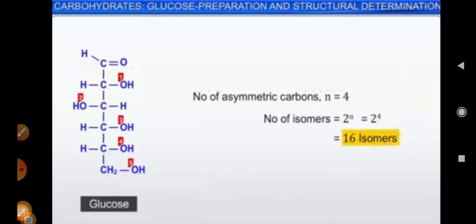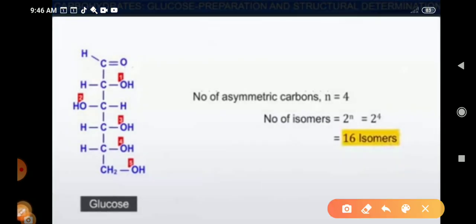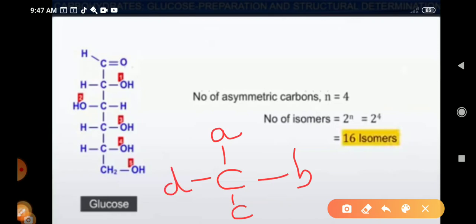Now what is an asymmetric carbon atom? We know that the carbon atom is tetravalent. That means the carbon atom has 4 valencies, and if all the 4 valencies are satisfied by different groups, here I have taken different groups, let A be one group, B another group, C another group, D another group.